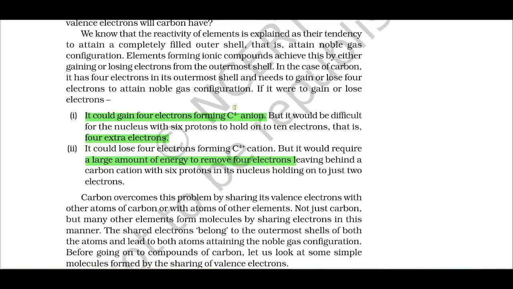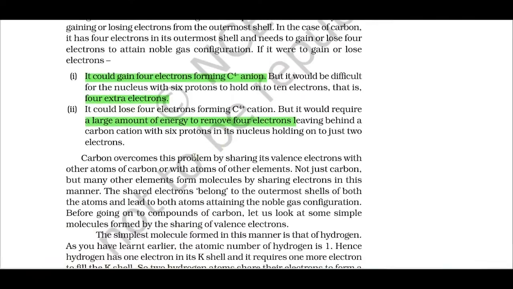You have understood the concept of why carbon cannot gain or lose 4 electrons. To gain 4 electrons, it will be very difficult for the nucleus to hold 10 electrons, that is 4 extra electrons. It will not lose 4 electrons because it will require a large amount of energy to remove them.